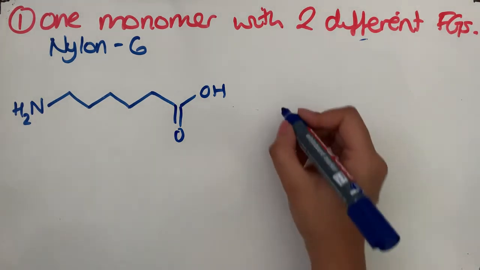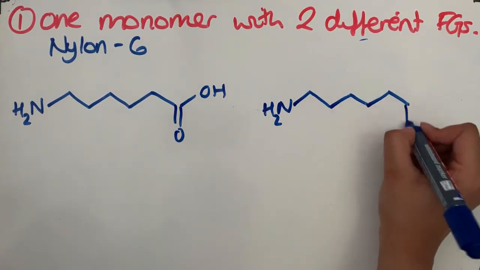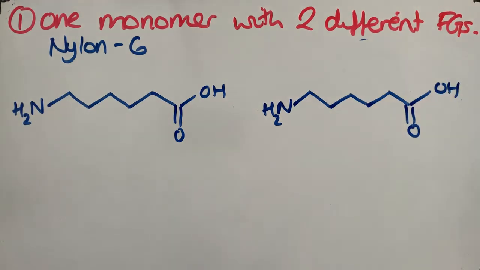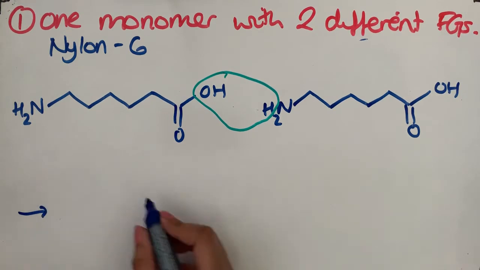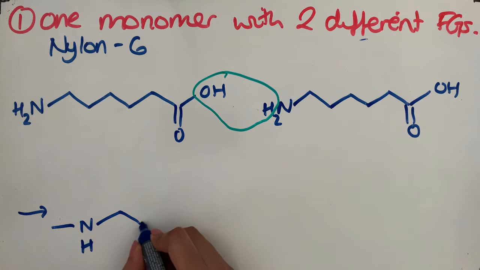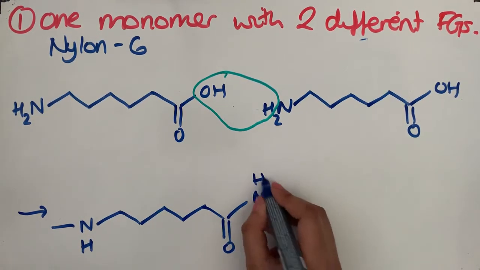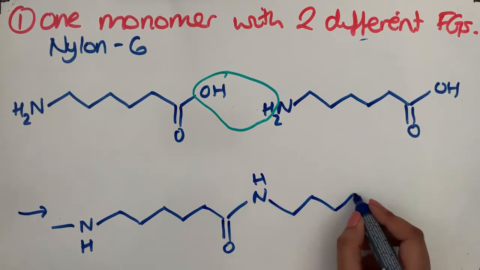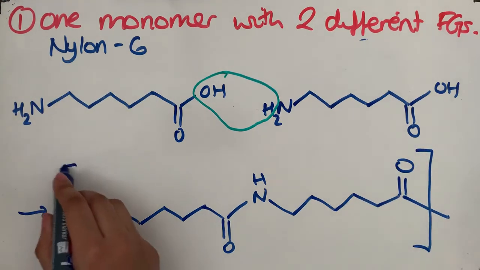So if we do this reaction between another molecule like that. So you are going to form a water molecule when the amide bond forms over here, and therefore nylon 6, which I will draw here, is this molecule here.